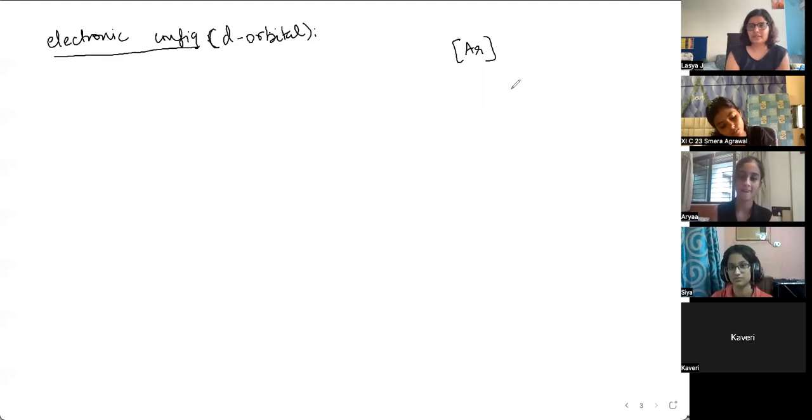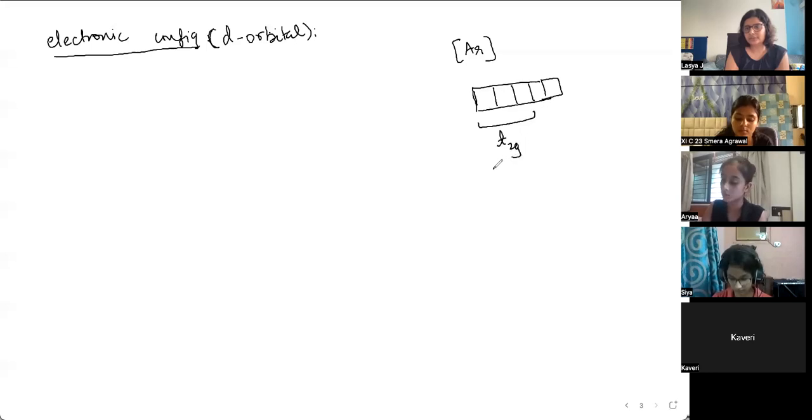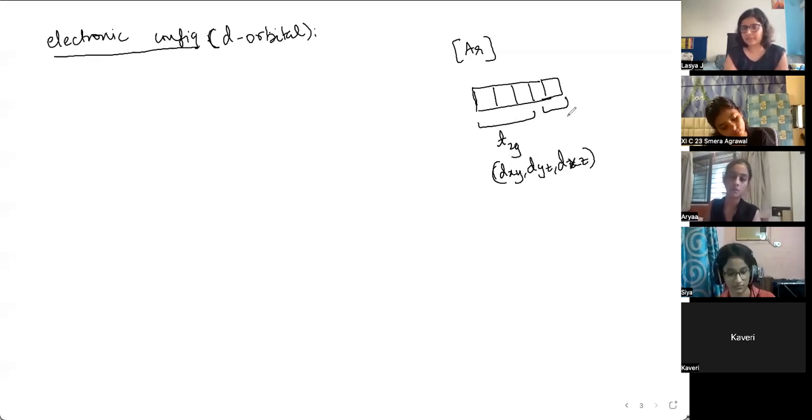There are 5 of 3d orbitals. Let's say these are the t2g orbitals, which are dxy, dyz, dxz. Since they're of equal energy and same symmetry, we can't figure out which is what. It's like px, py, pz. And then the next two are eg orbitals.